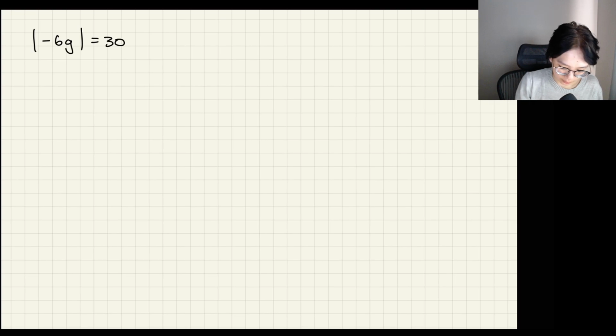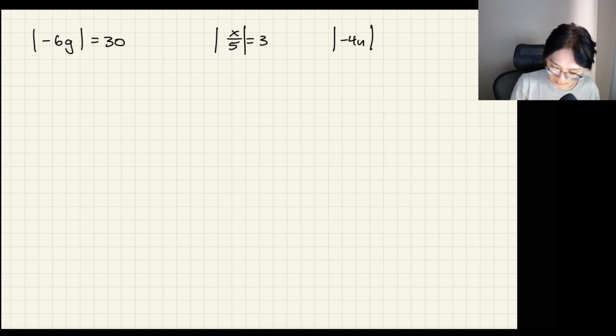Some practice problems for you to do on your own. Absolute value of negative 6g is equal to 30. Absolute value of x divided by 5 is equal to 3. Absolute value of negative 4n is equal to 12. And absolute value of m divided by 4 is equal to 3.